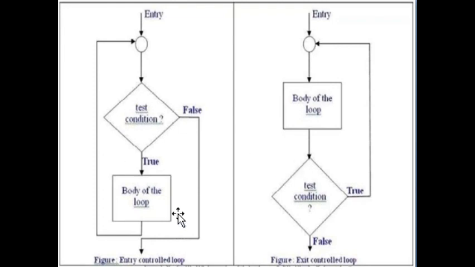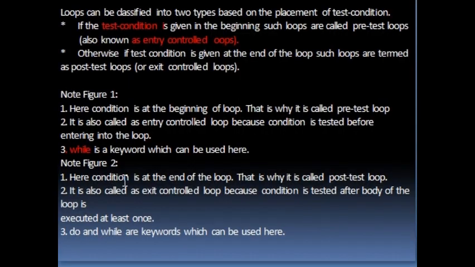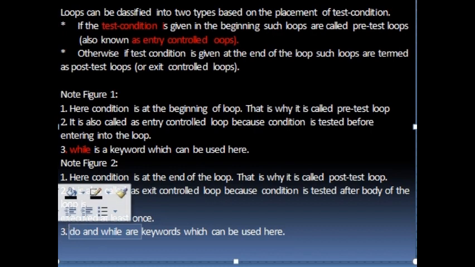But in the pre-test, first only वो क्या कर रहे हैं, स्टार्टिंग में टेस्ट कर रहे हैं. Next, the body of the loop is executed at least once, and here do and while both are used in figure 2.